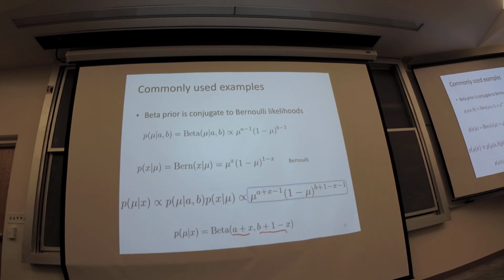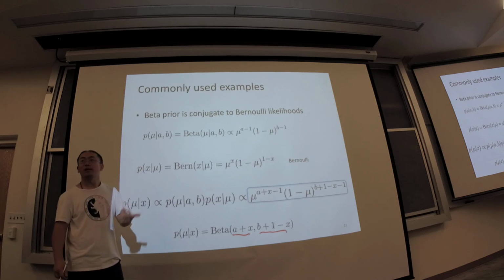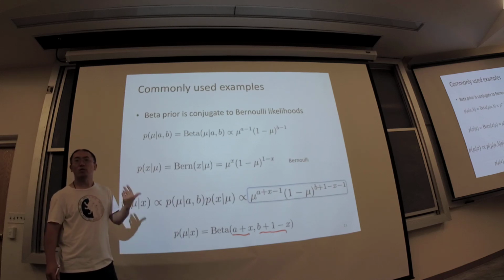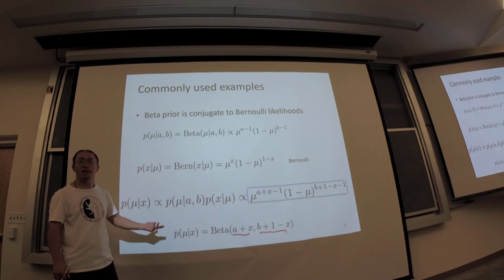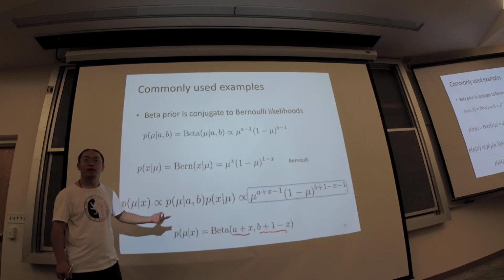That's why we can claim that the beta prior is conjugate to the Bernoulli likelihood: after we calculate the posterior distribution, it has the same form but is parameterized by other values.